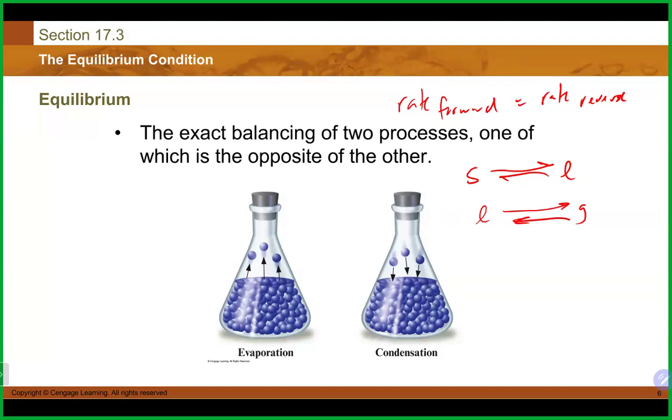By the way, that happens at the surface of a liquid at any point, especially in a closed container. They have this initial rate of evaporation that's going to occur, and because those gas molecules really have nowhere to go, they're going to start condensing back down. Eventually, the rate of those molecules jumping out, going through evaporation, will equal the rate at which they are coming back down in terms of condensation, and it will equilibrate.